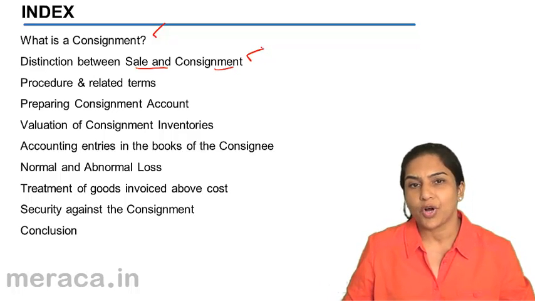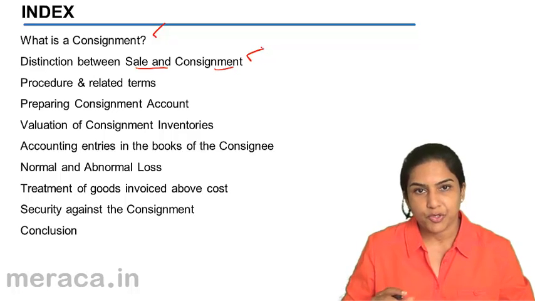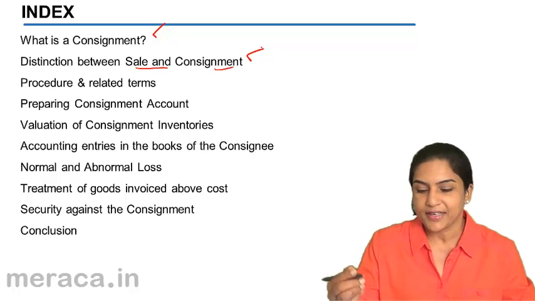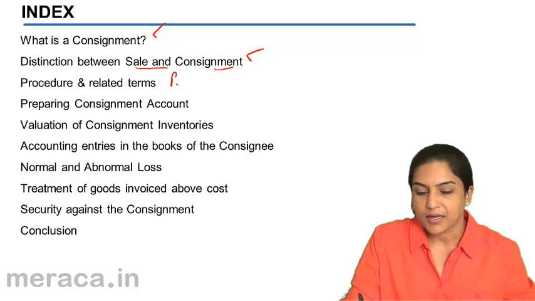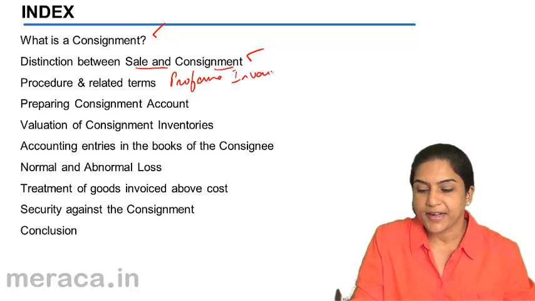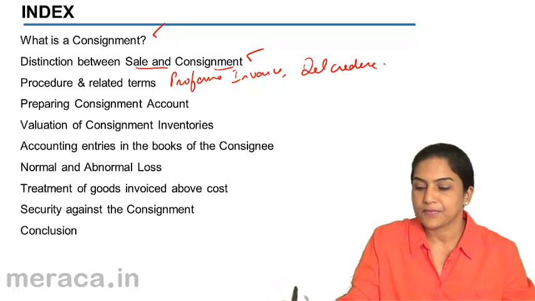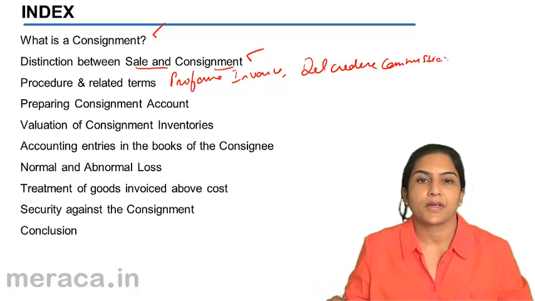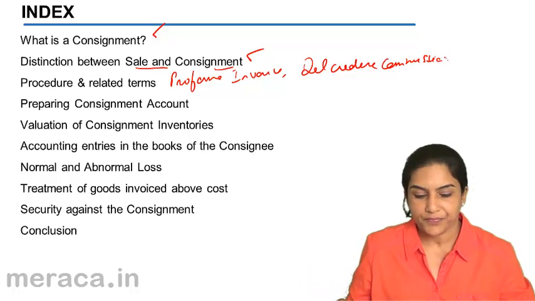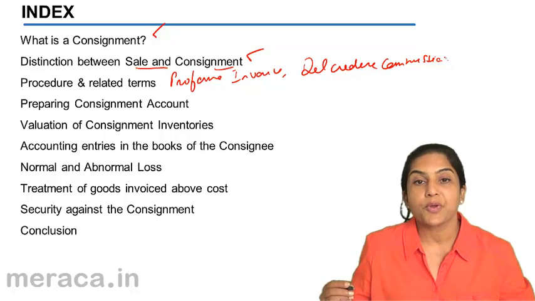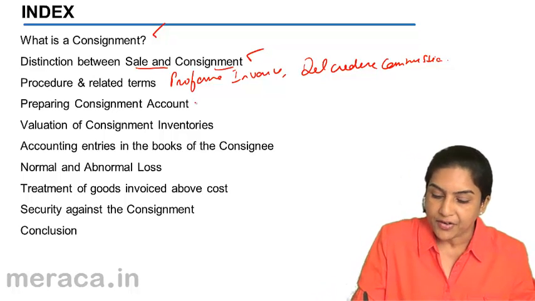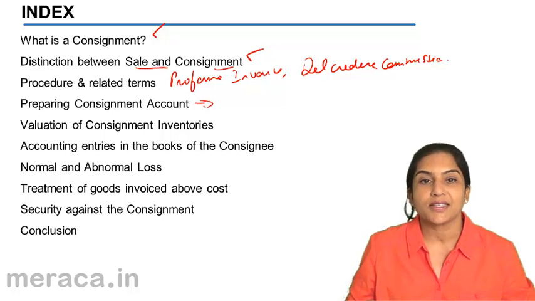Next, we will go on to understand the procedure and certain related terms like a pro forma invoice, a del credere commission, account sales, etc. Next, we will move on to accounting entries in the books of the consignor.